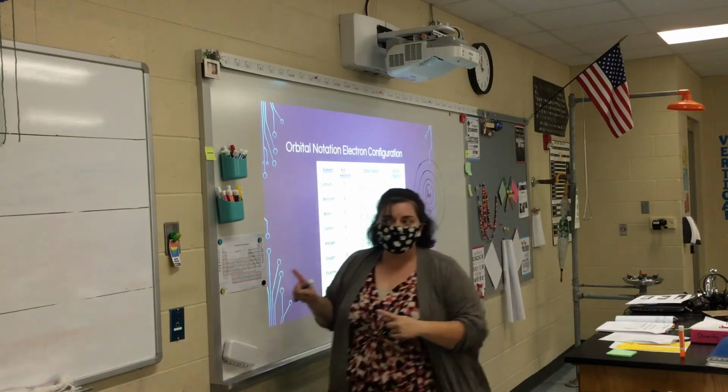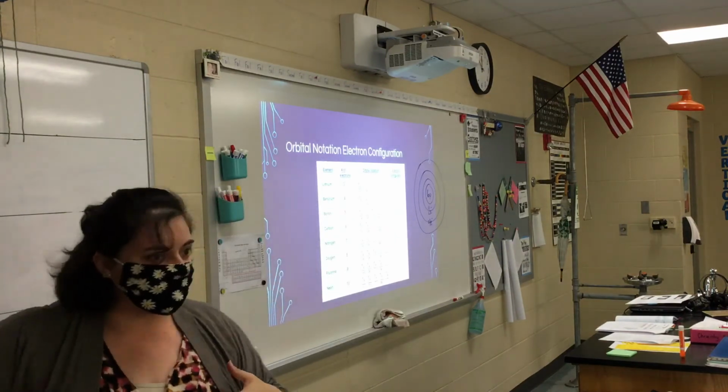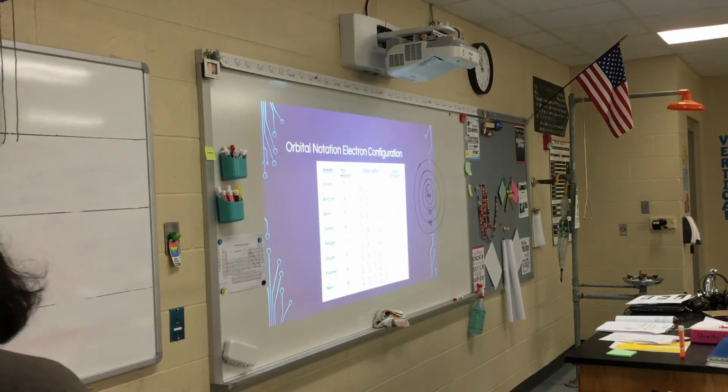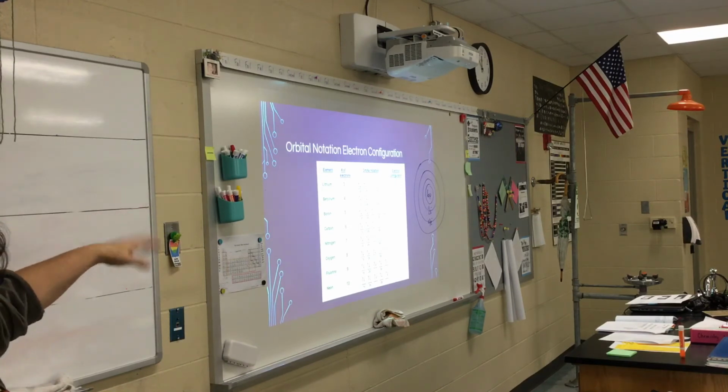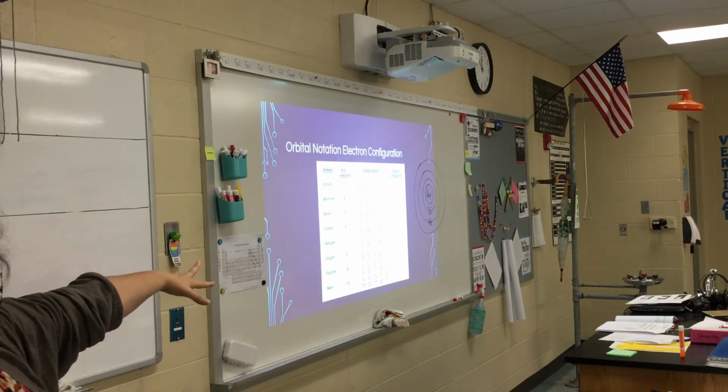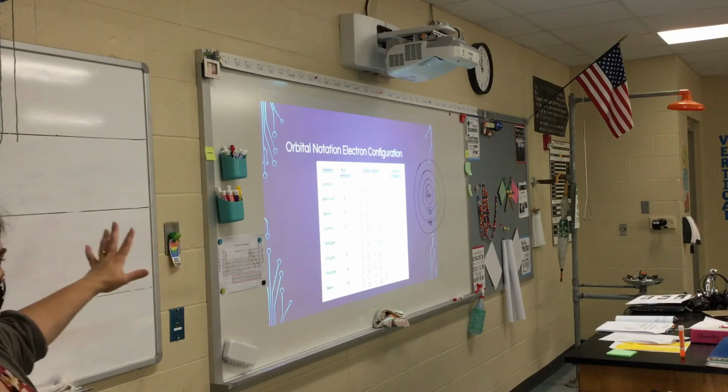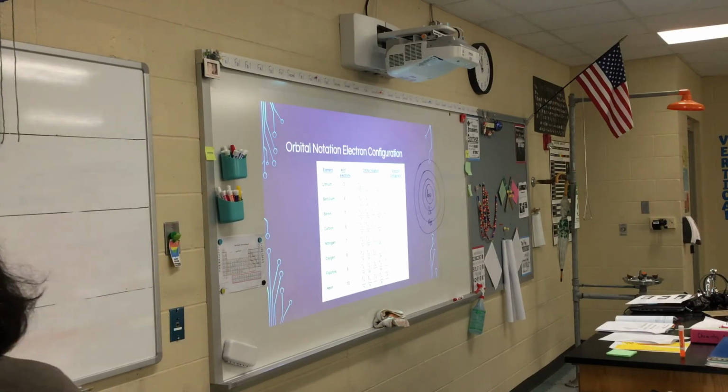I want you all to look up here. I don't want you to look at yours. Mine matches yours. So really what we're doing as we're trying to draw the electron configuration for any element is we have to start at the beginning and figure out where the electrons are to get us to our element of interest.